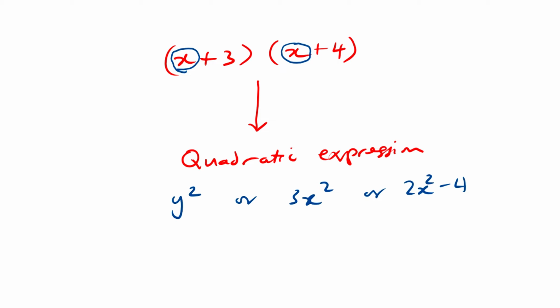But in this video, we want to see how we go through some more difficult forms of expansion, such as the one on the board, which is actually called quadratic expansion. So let's look at an example. I give you (s + 3), a binomial, and another binomial, (s + 4), and you are to expand this.